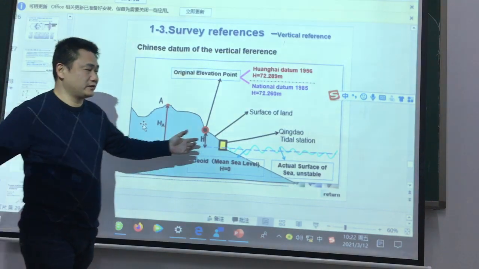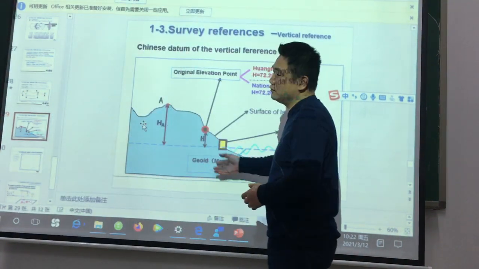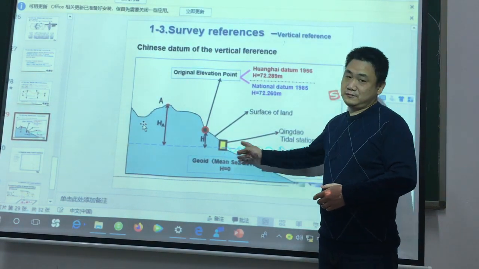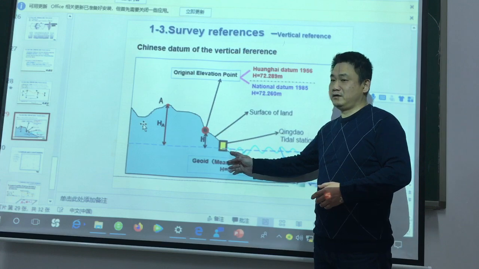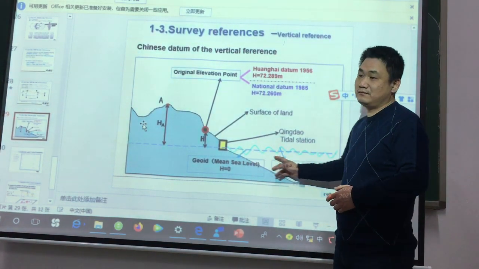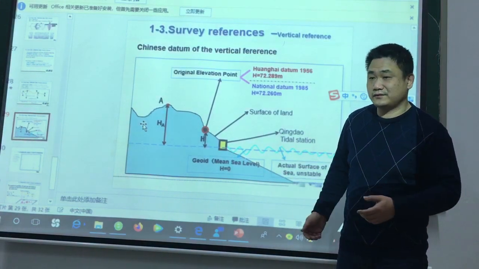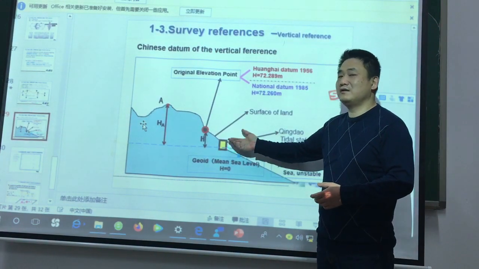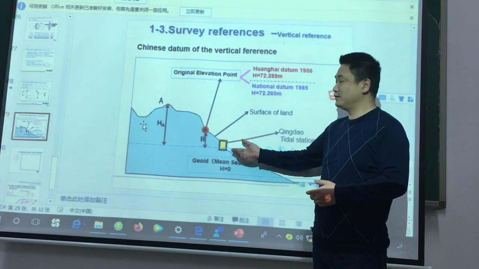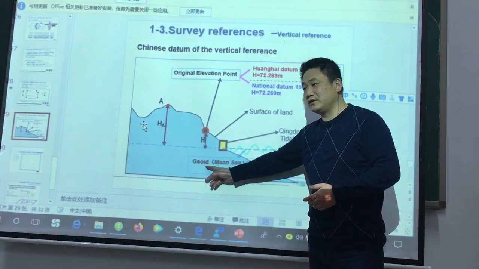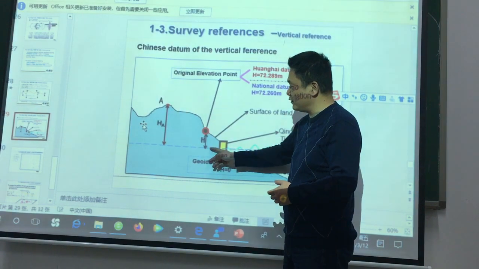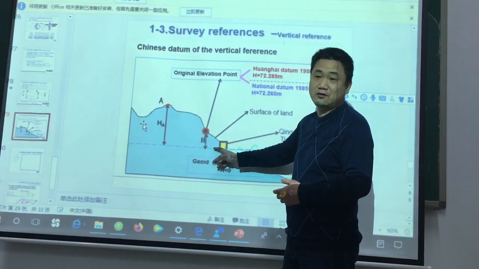The method is that we use many years of observation of the position of the sea level, whether the sea surface is higher or lower, and get a mean position. And this position we say is the geoid. And from the geoid we say the elevation of the point is equal to 0.